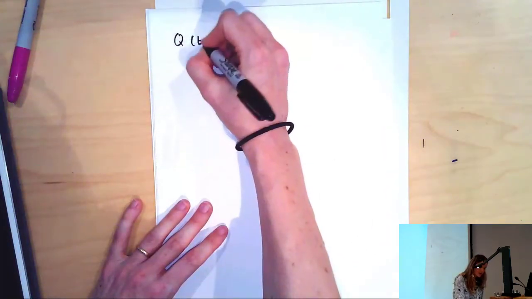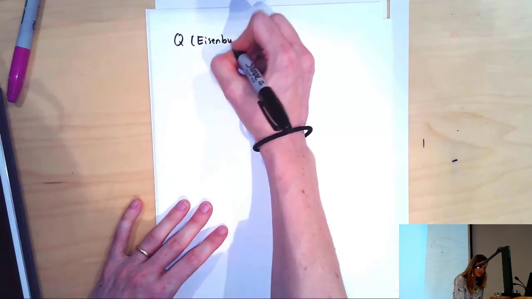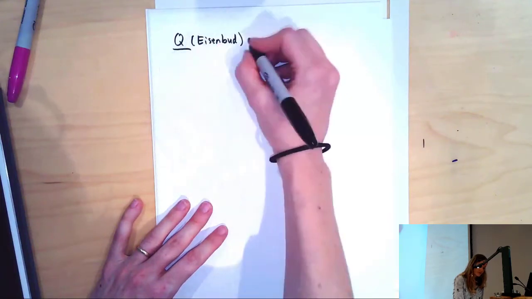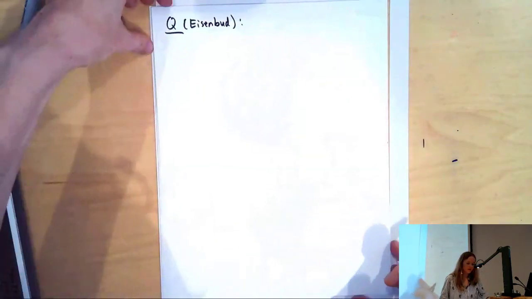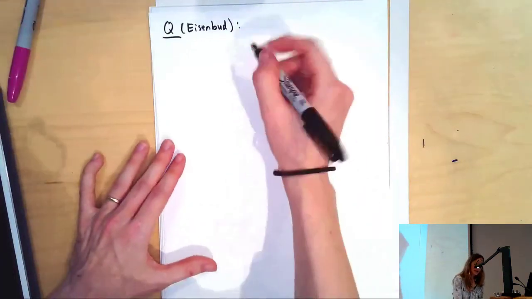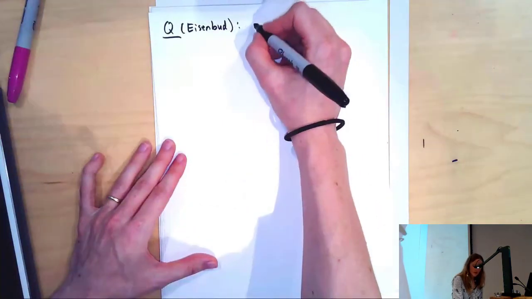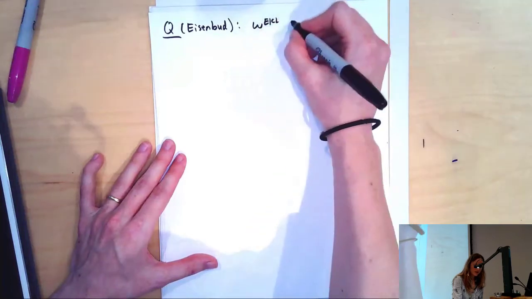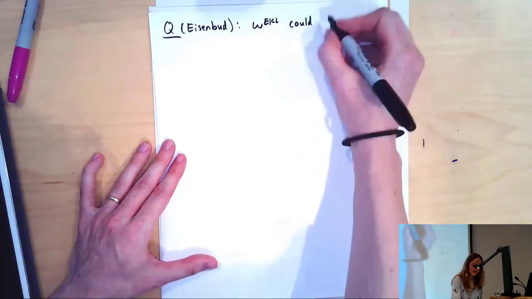So a question of Eisenbud is: omega EKL could be a degree, not just its signature.